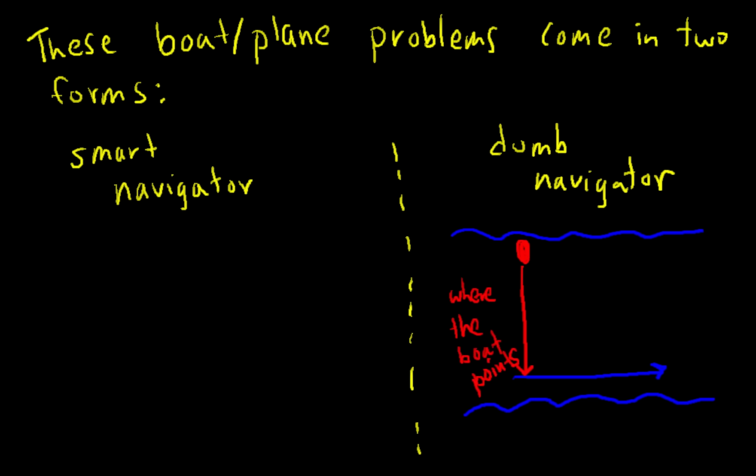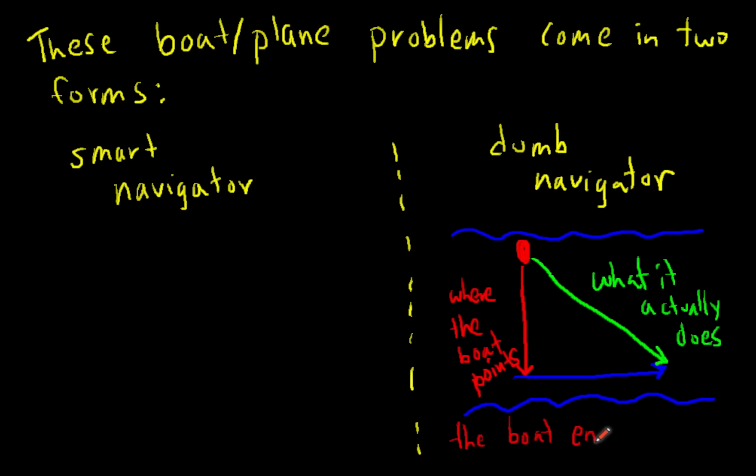And even though they're pointing directly across the river, because of the current, they end up at an angle from where they intended to go. So from the point of view of the shore, the boat ends up downstream from where it intended to be.